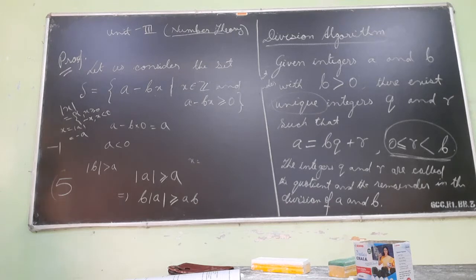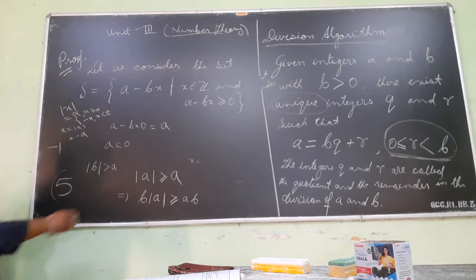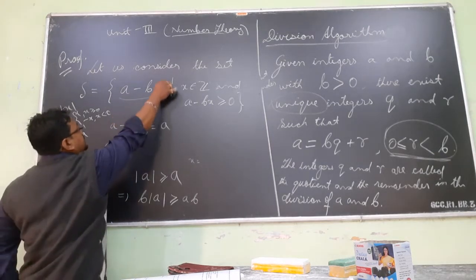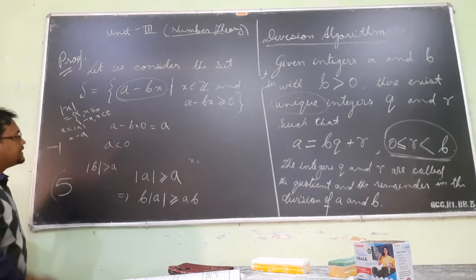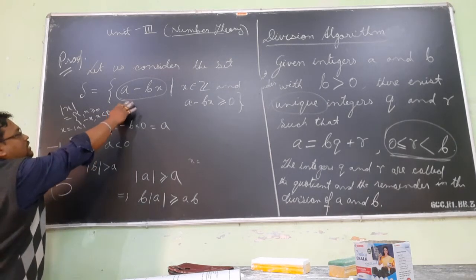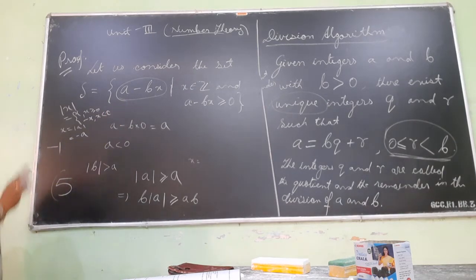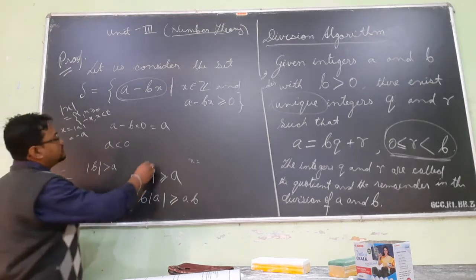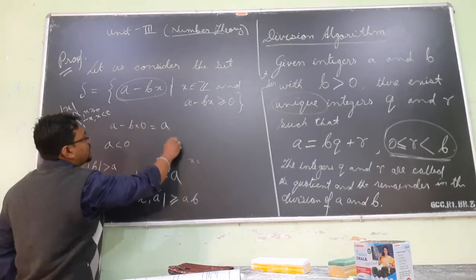So from there, can you identify whether it is positive or negative? I want this to be a positive quantity. Now, which value of x should I take so that I get at least one positive number? It is sufficient to get one positive number. So x equal to minus A. In that case, what do I get?